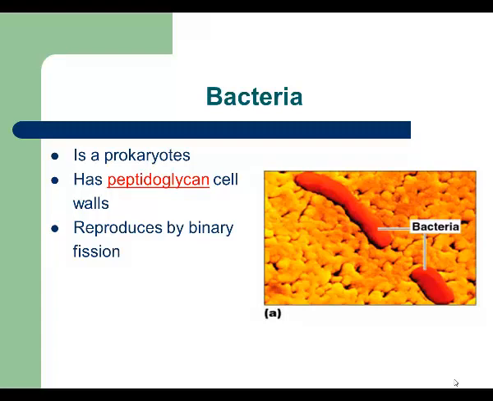The other thing you have to remember about bacteria is the fact that their cell walls are made of peptidoglycan. Very specific structure, only can be found in bacteria. And I repeat it for you, all bacterial cell walls are made of peptidoglycan.